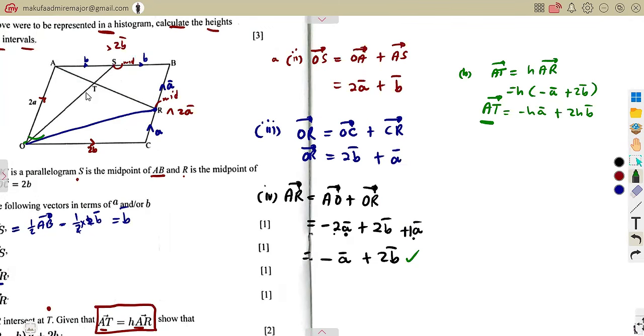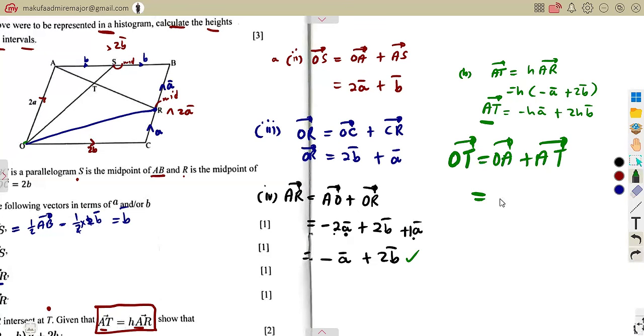From O to T, but AT is supposed to be there. So it's supposed to be OA plus AT. Therefore, OT is going to be OA plus AT, whereby we are given OA from our diagram following the direction.